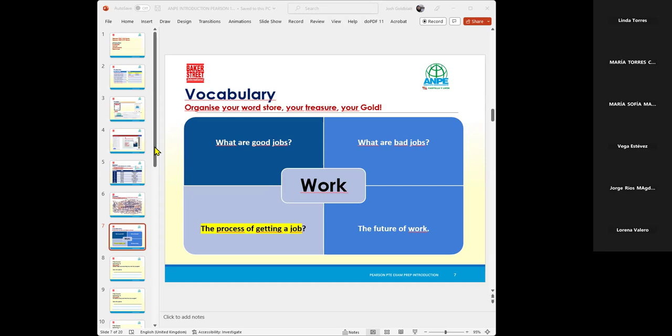Okay, so the future of work. But for example, do you think that people will spend more time working from their home, remote working, or do you think that won't change? Do you think people will prefer to go and work together in offices or places like that? What do you think?